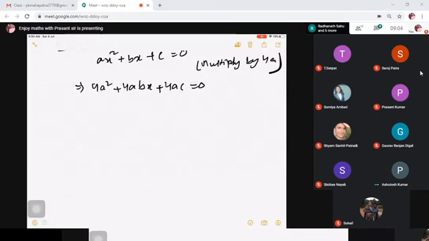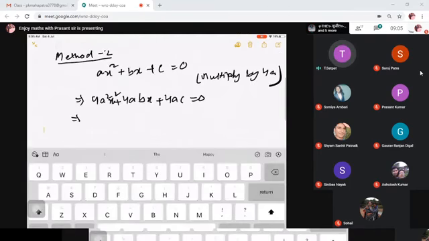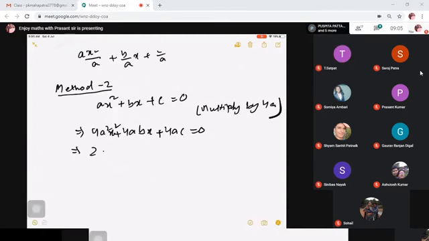Very good. 4a square x square plus 4abx plus 4ac equal to 0. And you see 4a square x square, it is the square of which term? 2ax. Very good. So it is the square of 2ax.